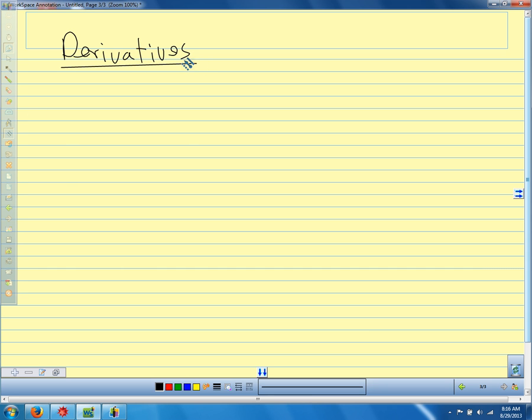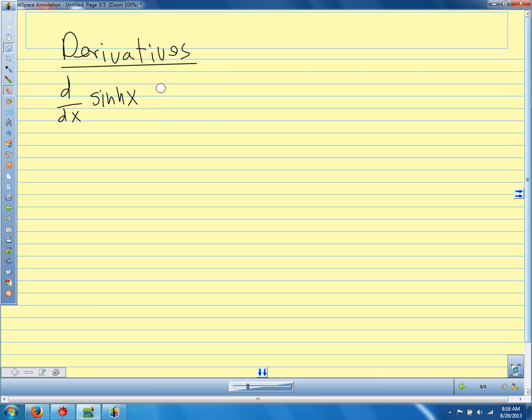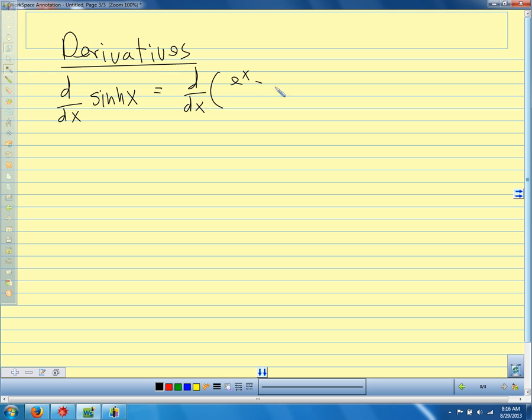So let's look at the derivative d dx of sinh x. So we're going to start with the definition. So we're taking the derivative d dx of e to the x minus e to the minus x over 2.